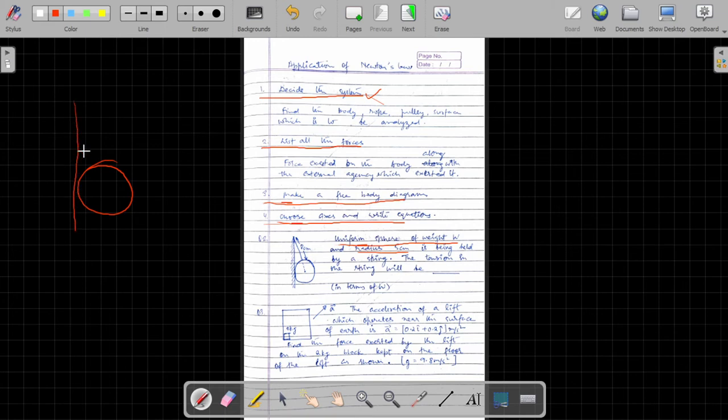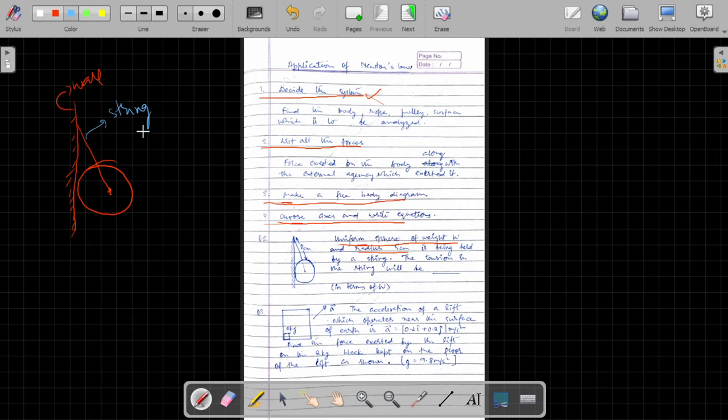So the radius of the sphere is 5 centimeter. It is tied to the wall by a string like this. And this is the wall which we have selected, and this is the sphere. So this is the string which we are talking about.